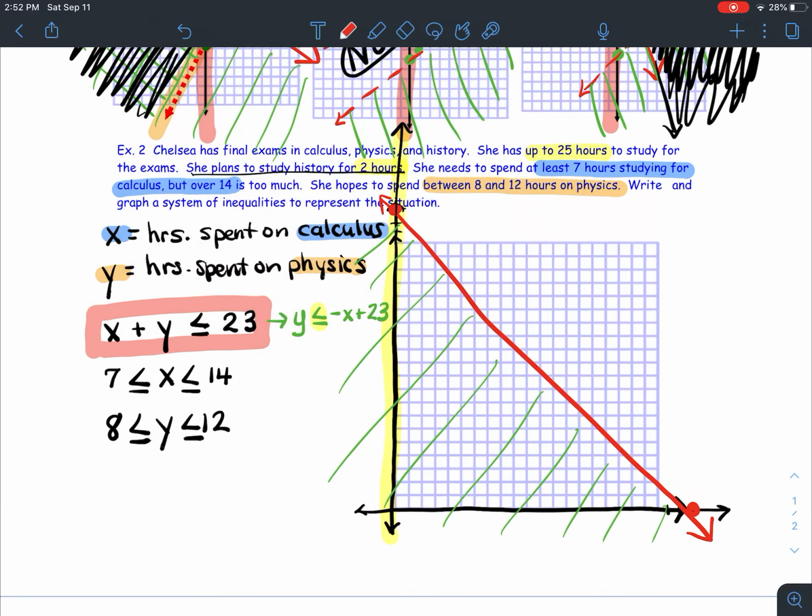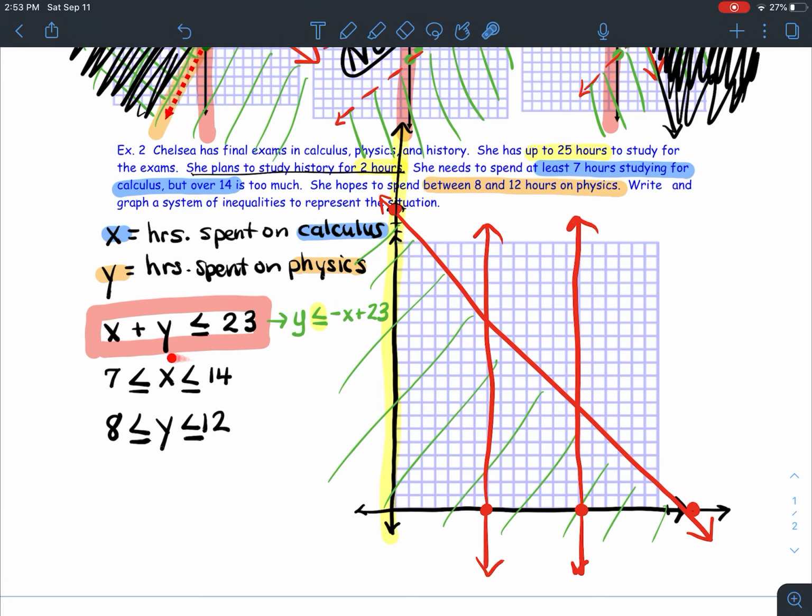So let's do that. I'm going to go over 1, 2, 3, 4, 5, 6, 7. 1, 2, 3, 4. And here's 14. Because I have equal to bars, I'm going to make these two vertical lines solid. Solid there. Solid there.